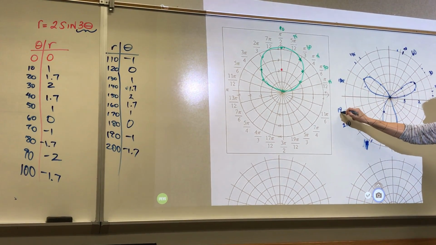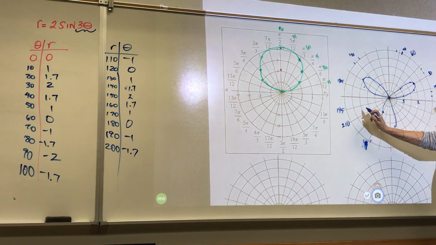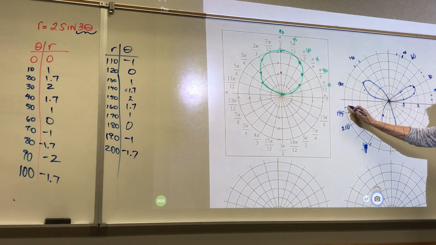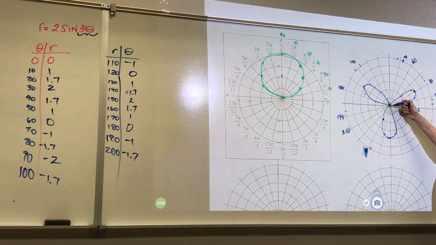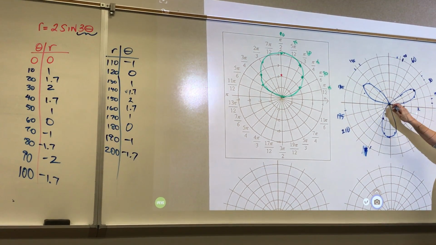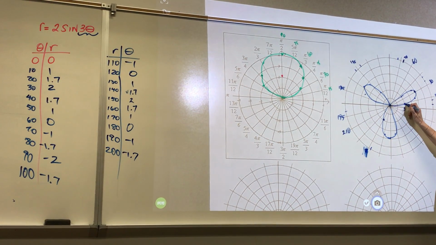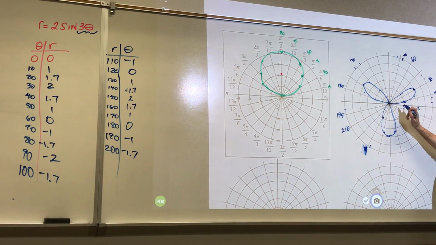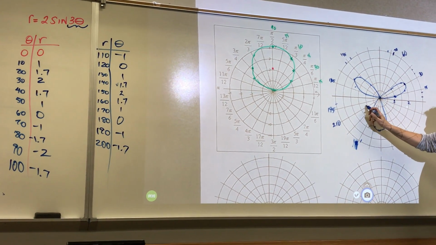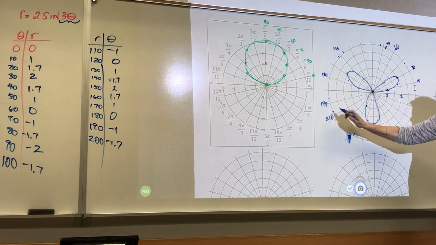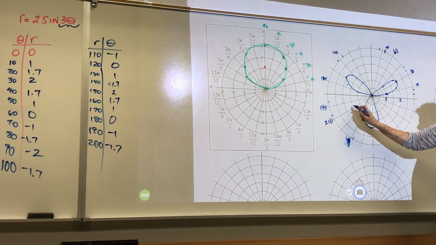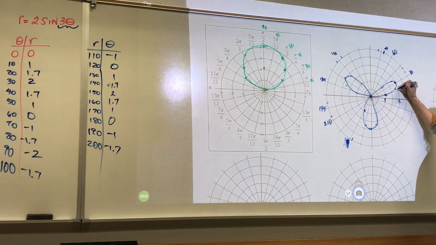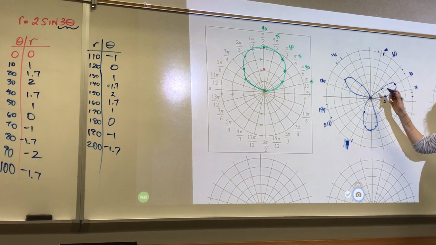This is 195. 190 is a third of the way there, which means that instead of going this direction, we're going to go backwards, and I'm going to go 1 unit. 200 is a third through here. And instead of going this direction, I'm going to go backwards, and I'm going to end up there. Okay, so it does repeat.